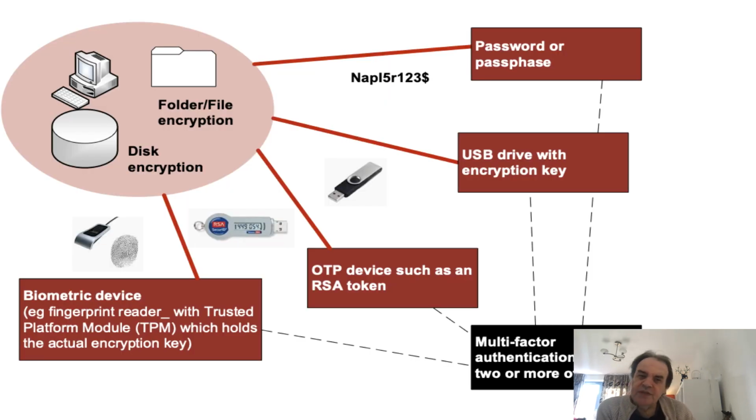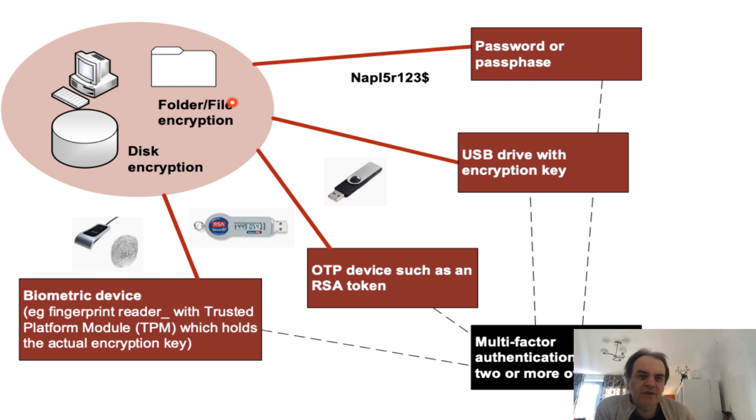So the ways we can do this is, obviously, if we're using encryption, we need a fairly simple method, if we can, to be able to encrypt the disk, but it's got to be secure against attack. So the ways that we can do it is that we can have a password or a passphrase to be able to open up the key that's used for the encryption.